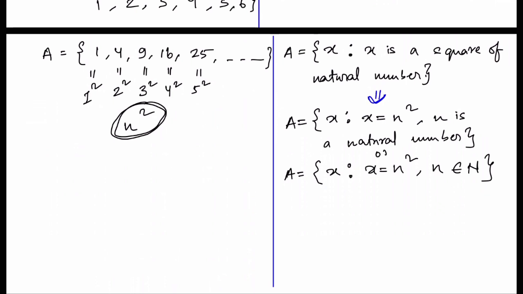This is also a way to write the set builder form. Because this n is a natural number, we have directly written n belongs to natural numbers in place of the whole sentence.